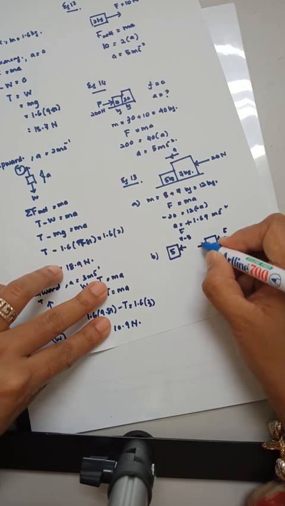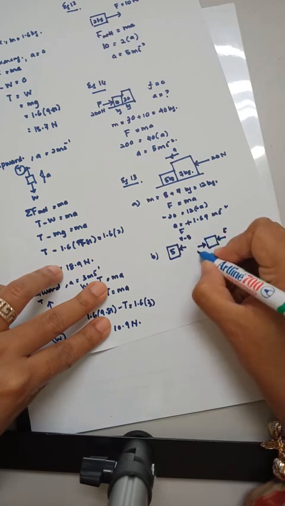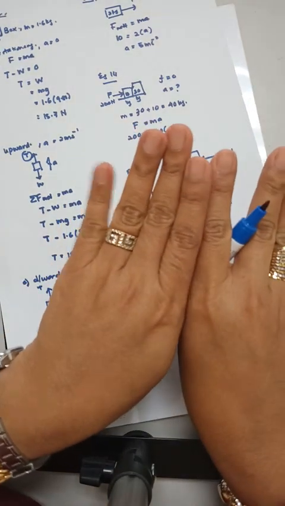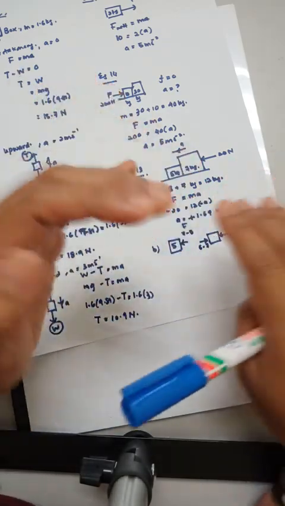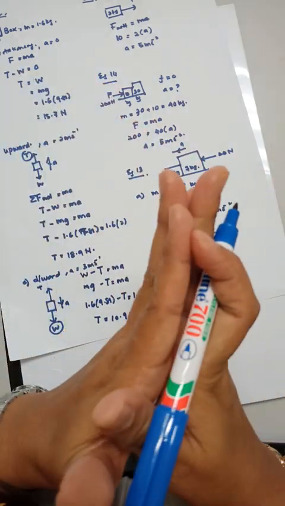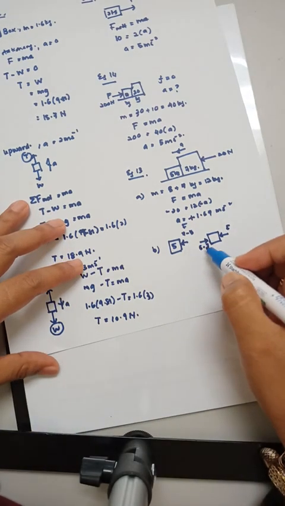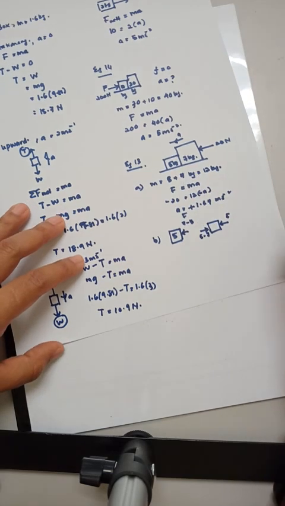Dia pun bertindak balas juga kepada force yang asal tu tadi. Ini daripada 5 to 7 kg. So kat tengah-tengah ni kenapa dia boleh duduk sekali? Sebab dia ada daya yang sama, menolak dan menarik. So dia tak bergerak lah, antara tengah tu dia stable. Okay, so that's why dia ada daya yang menolak antara satu sama lain. So dia boleh duduk sekali macam ni. Cuma kita nak tahu daya tu berapa.